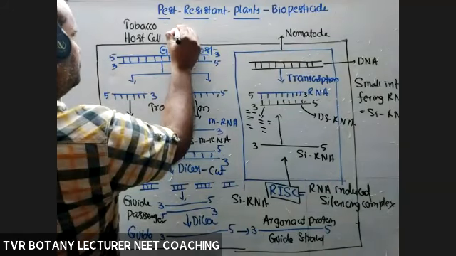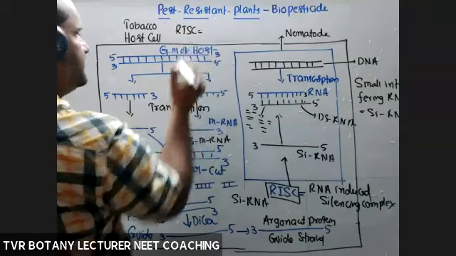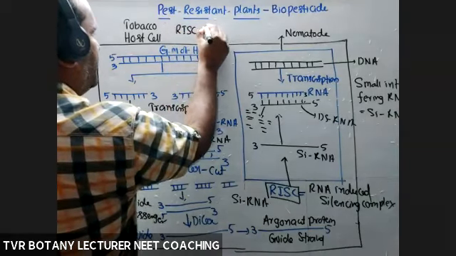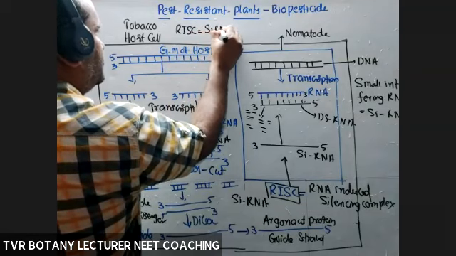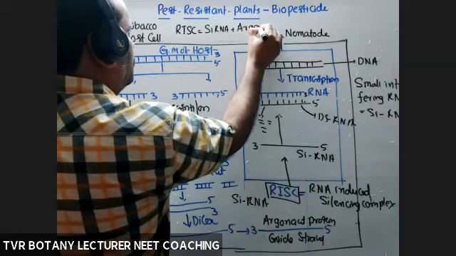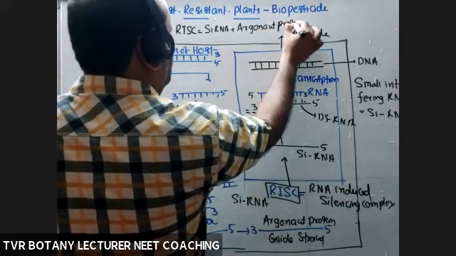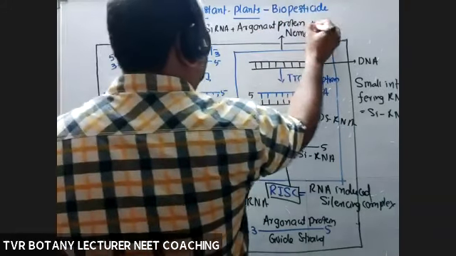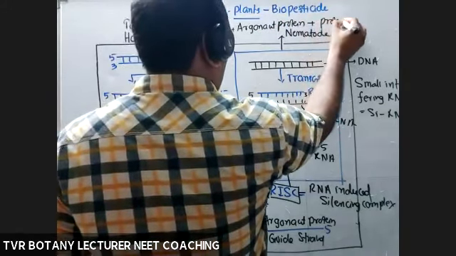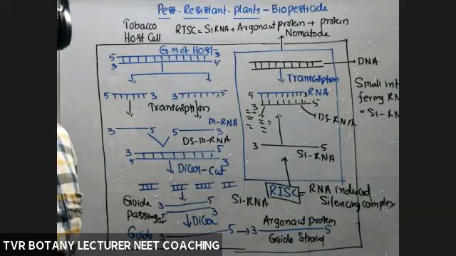RISC is the siRNA plus argonaute protein plus other proteins, collectively called RISC. Okay, so this is beyond the NCERT textbook.